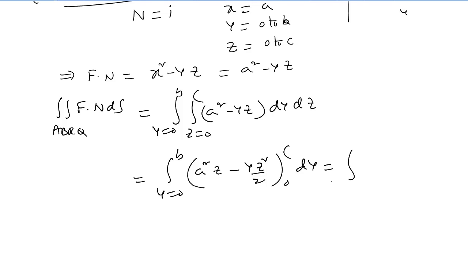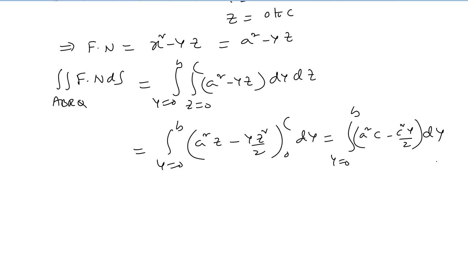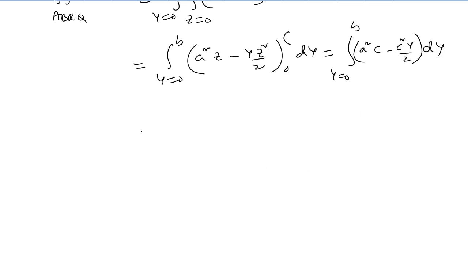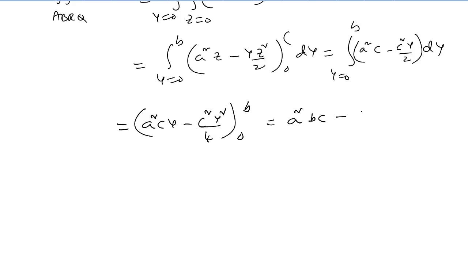Now, y is 0 to b, a square c minus c square y by 2 into dy. Now, integration with respect to y: a square cy minus c square y square by 4, 0 to b. So a square bc minus b square c square by 4.